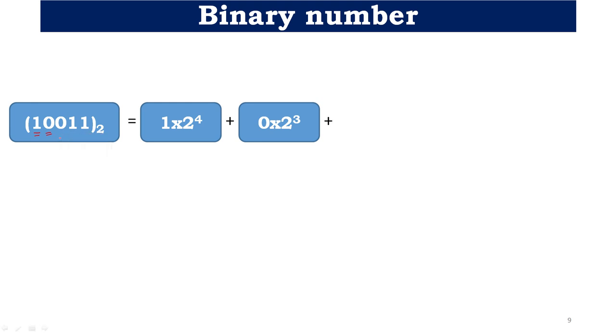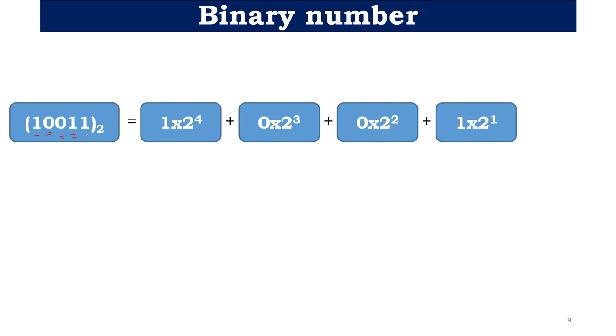The next bit will have the weightage 2 power 2. The next bit 1 will have the weightage 2 power 1, and the last bit, the rightmost bit, will have its weightage 2 power 0.